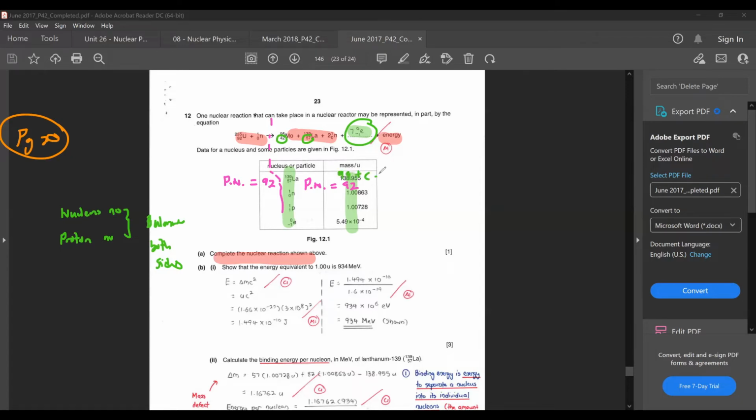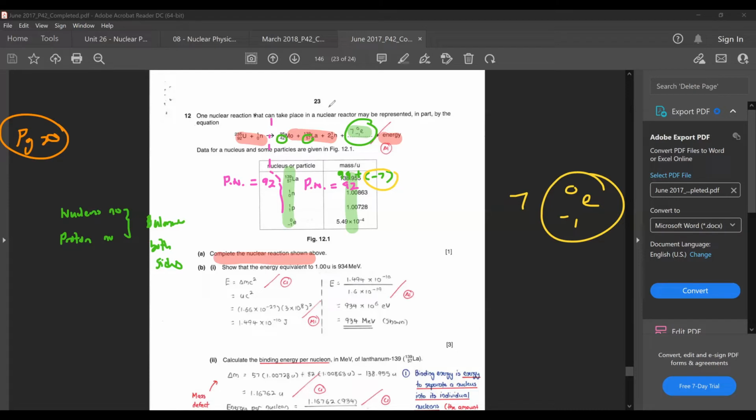So you need to add -7 in order to give 92 back. So the only element with a negative for the proton number is only electron, right? Okay, because you see your proton number, you need to add with something that is negative in order to bring it back down to 92. The only element that you know that has a negative is electron. How many do you need to get negative 7? You need 7. So here, that's why you have 7 electrons.